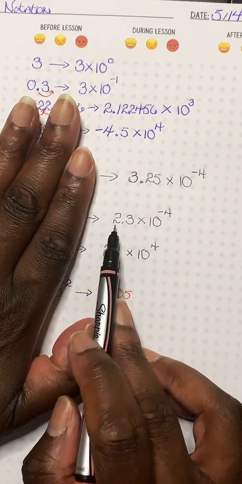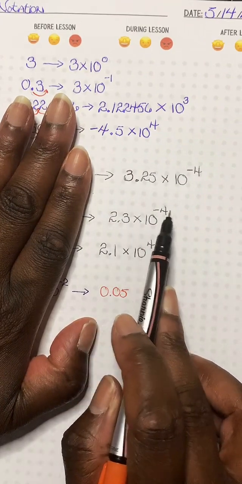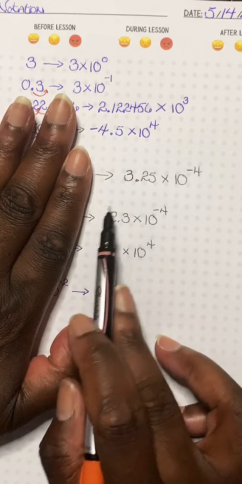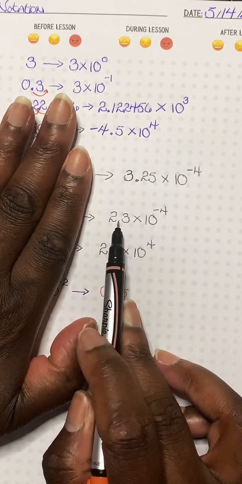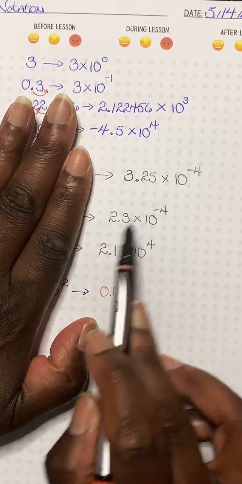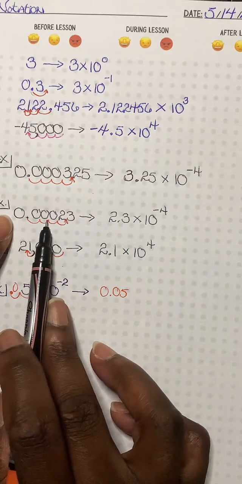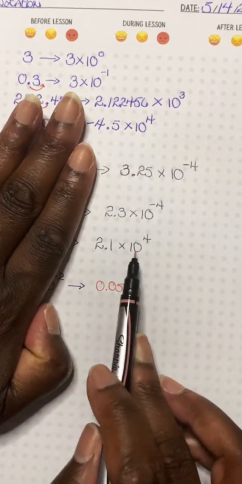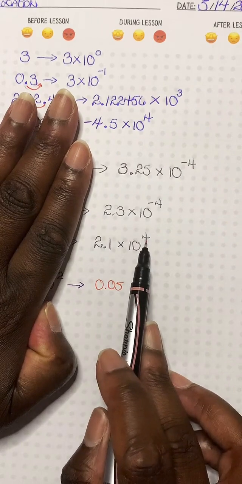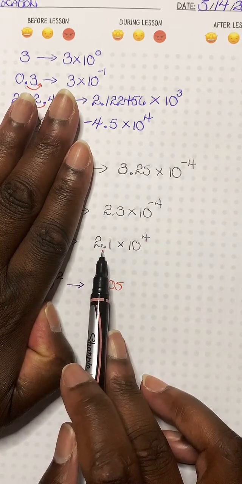Same thing happened here. I have 2.3 times x raised to the -4th. So for me to get it out of the scientific notation, I need to go the way that it's telling me. Go in the negative direction 4 times, so I'm going 4 times to the left. Here, it's telling me a positive, so that means this is actually a larger number, not a smaller number.